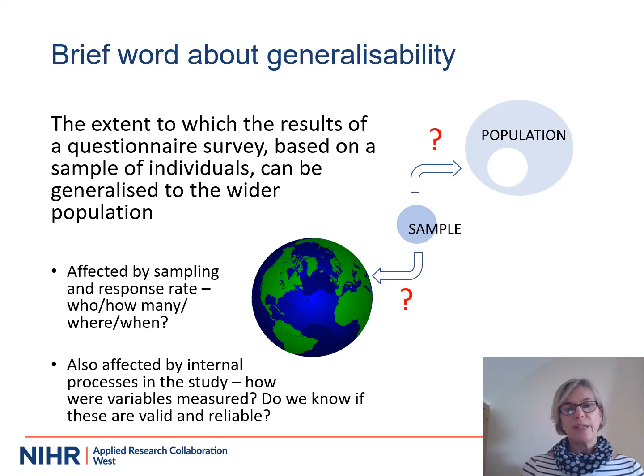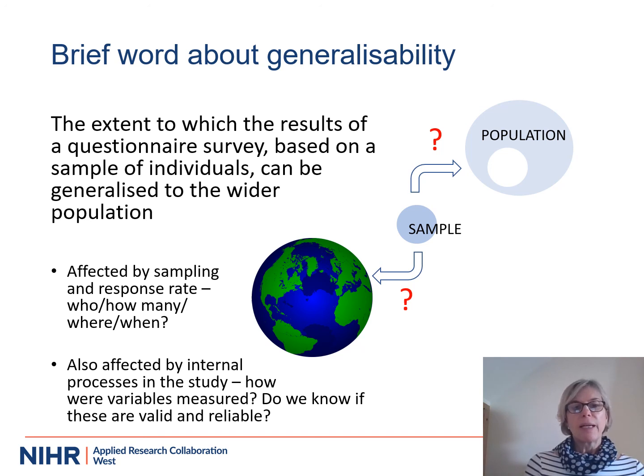And this is very much affected by the decisions we've taken about sampling and who the survey has been distributed to, and the response rate that we've managed to achieve. So who is in our survey, as we were just saying in the previous slide, what we know about them compared to those who didn't reply, how many people replied and the response rate we've achieved, and where and when those people were situated, which gives us context about our study and enables us to make a judgment about its generalisability to other groups.